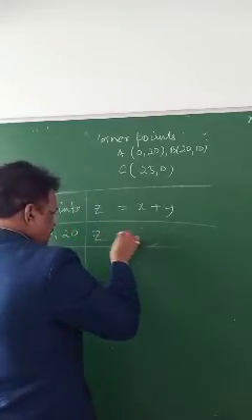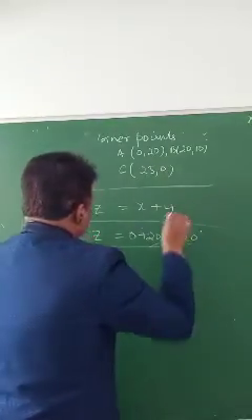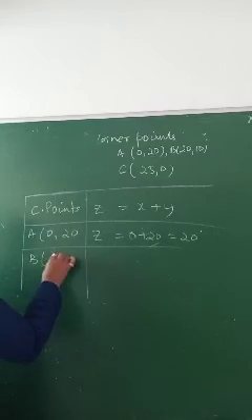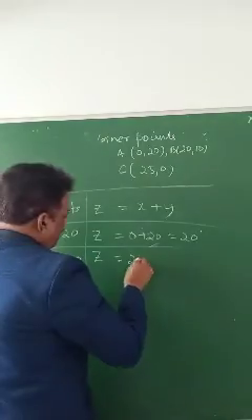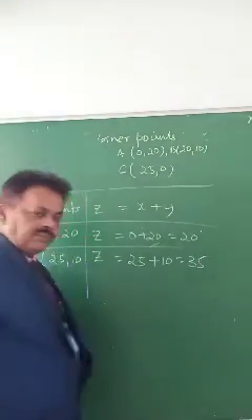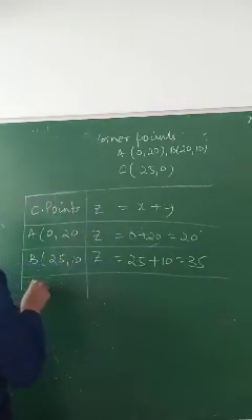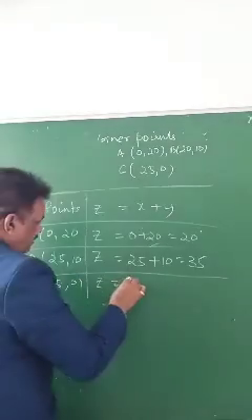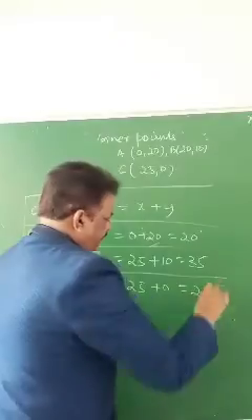Z will be 0 plus 20, that is 20. B, that is 25, 10. Z, 25 plus 10, that is 35. C, 25, 0. Z, 25 plus 0, that is 25.